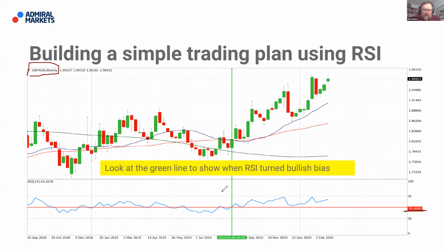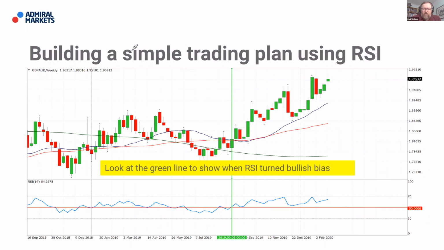Once the indicator crosses above and closes above the 50 line, I've drawn in a vertical green line to get my head thinking that I'm looking to be a buyer, a bullish bias. So I know what my bias is on my higher time frame, a bullish bias here.